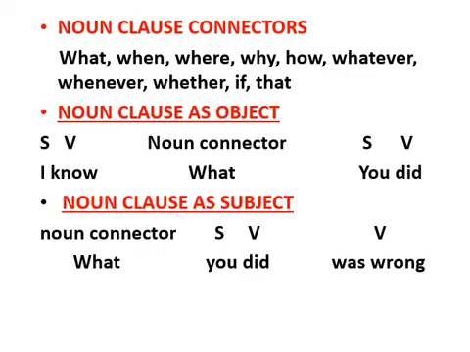What is the noun connector؟ You subject, did verb. طيب noun clause as subject. What you did was wrong. Alright? يبقى what you did دي subject بتاعت was wrong. و I know الobject بتاعها what you did. Alright?